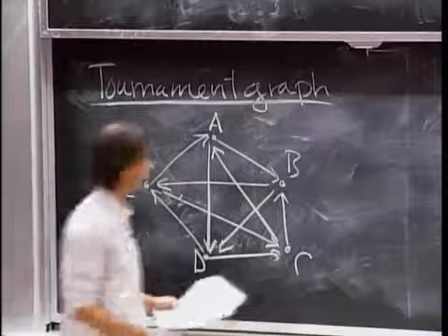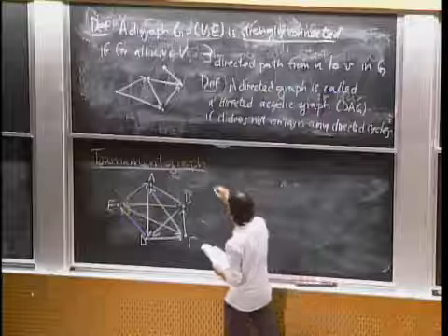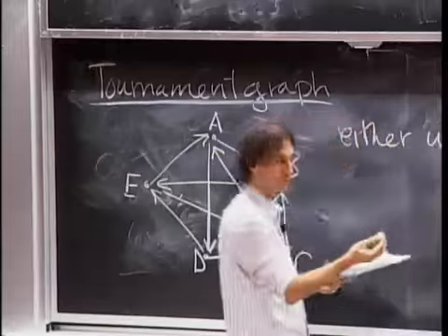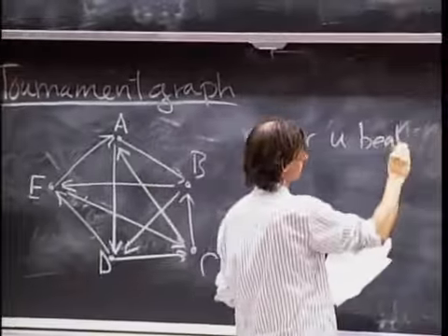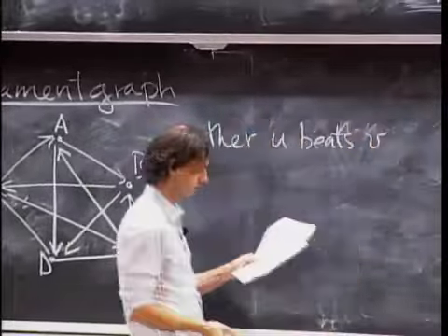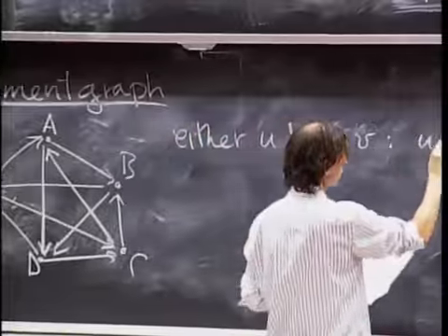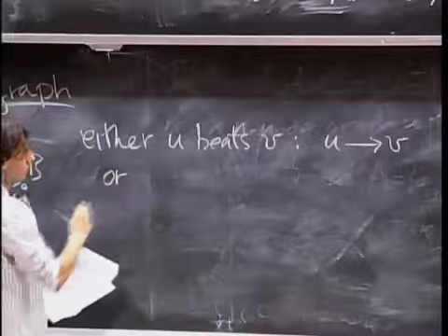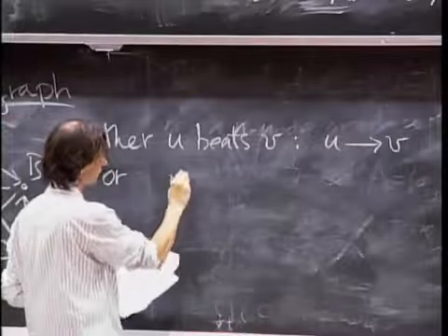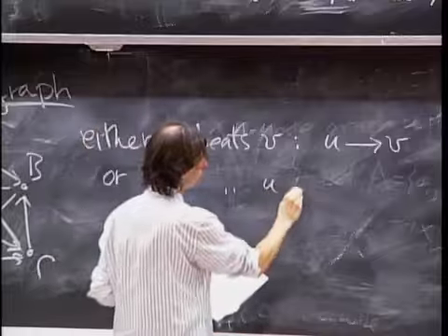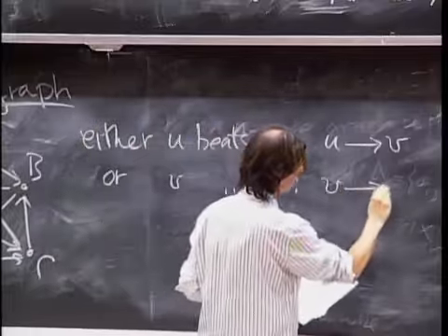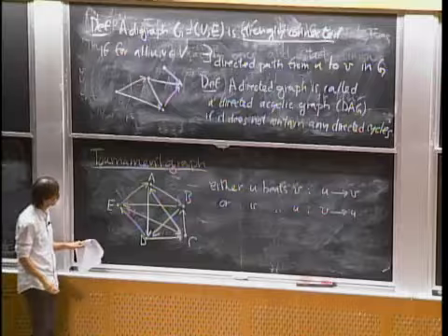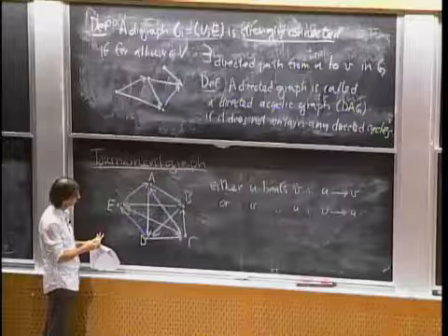Okay, so what do we see in this graph? We see that either team U beats team V, and that means that we have a directed edge from U pointing at V, or it's the other way around: V actually beats U, and we have a directed edge from V to U. So let's have a look at this graph and see how this works.